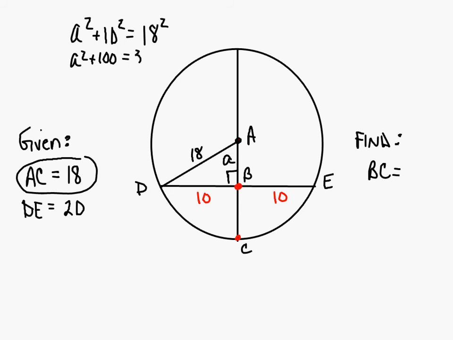So 18 squared is 324. So if you subtract 100 from each side, then a squared equals 224. What is the square root of 224? 14.9.